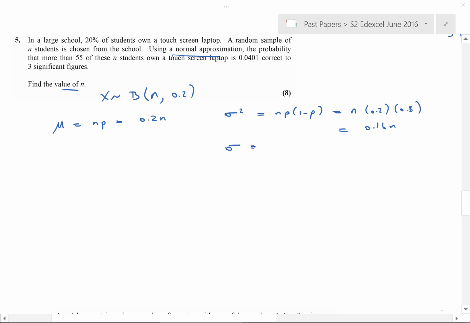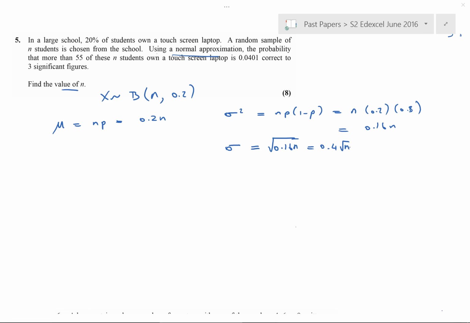So that's the variance. The standard deviation is the square root of that. So that's the square root of 0.16n, which is 0.4 times the square root of n. Okay, so that's our standard deviation.